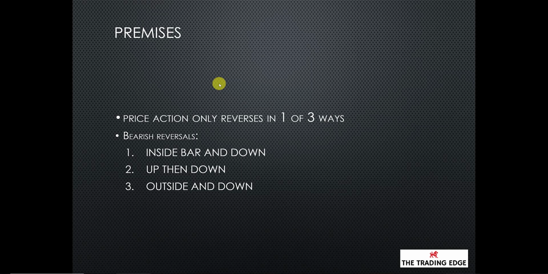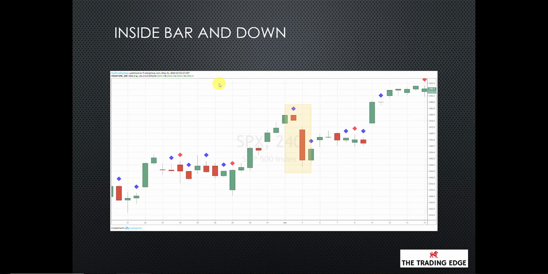So if you look at this particular screenshot, you will see a number of different bars. But first I want to point your attention to the bars that have little blue diamonds above them. Those bars that have blue diamonds above them, like this one and that one, are all considered inside bars.